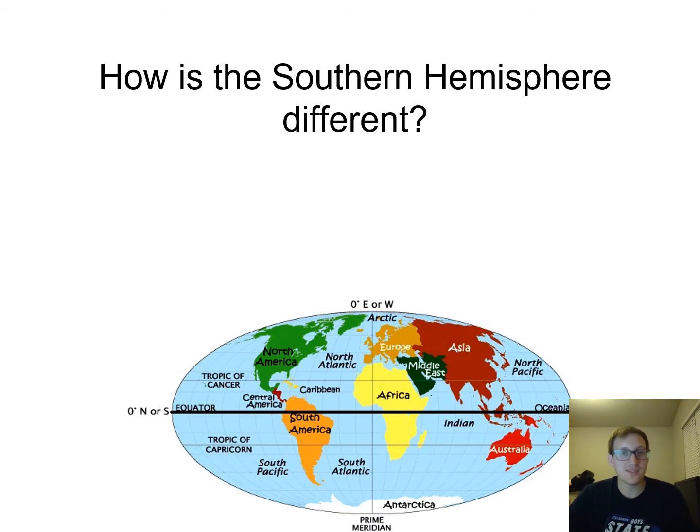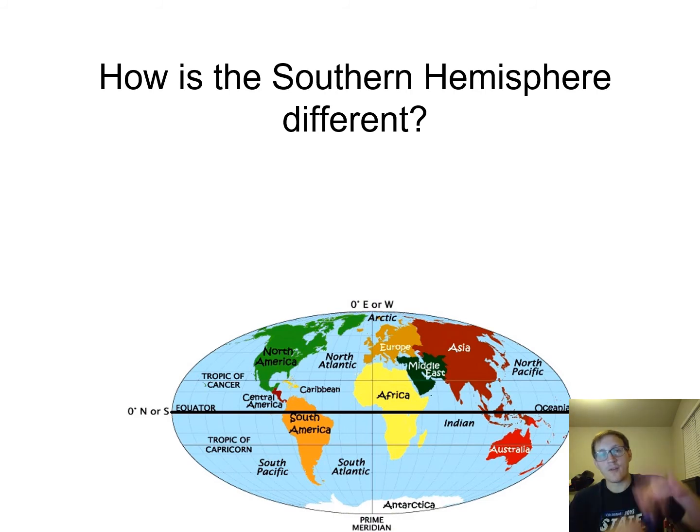Okay, so how is the southern hemisphere different than the northern hemisphere? If you imagine, the only thing that's going to change is that when they are in summer, we are in winter. And when they are in winter, we are going to be in summer. And then also our spring and fall equinoxes are going to be mismatched.